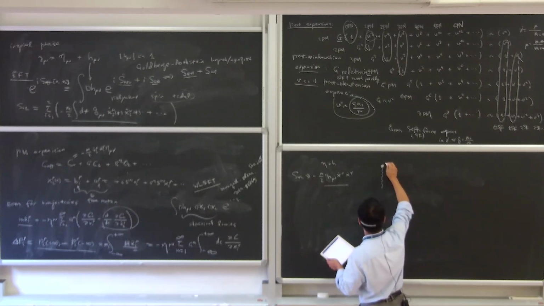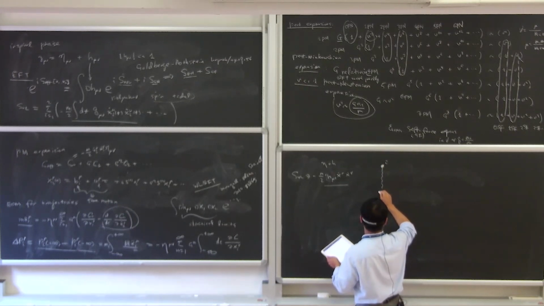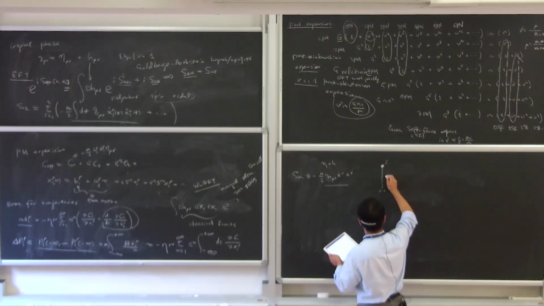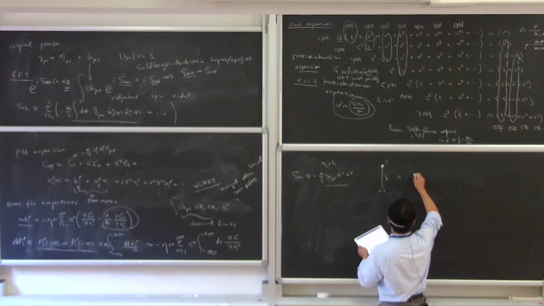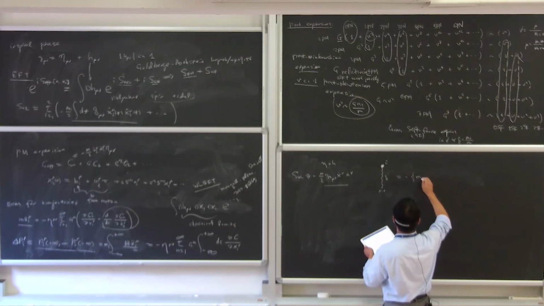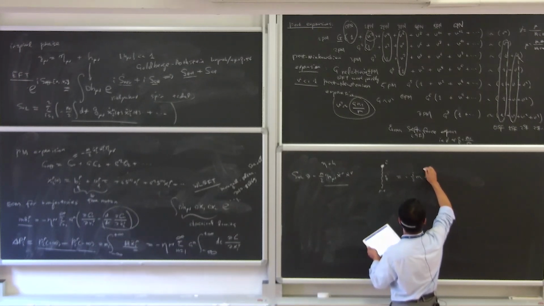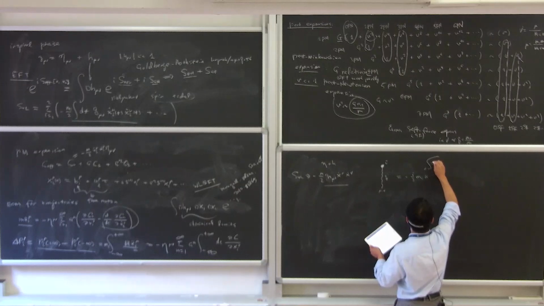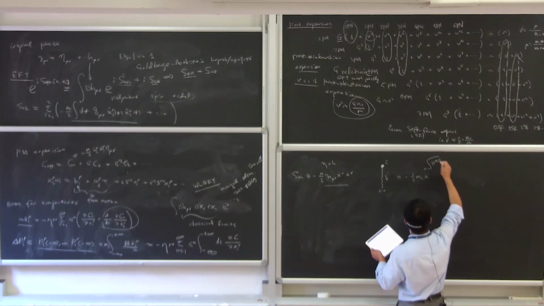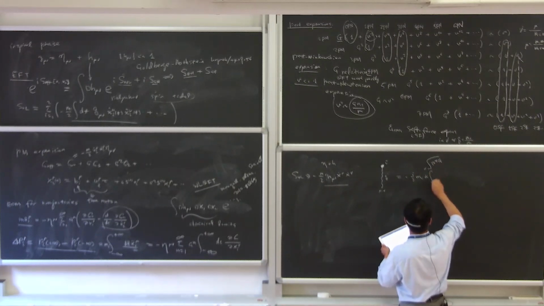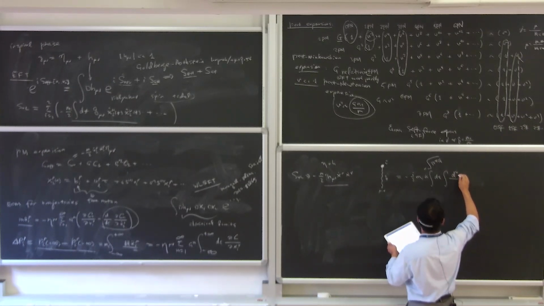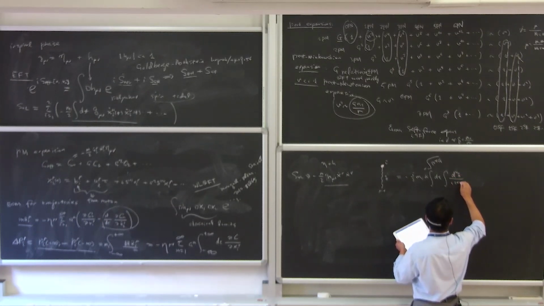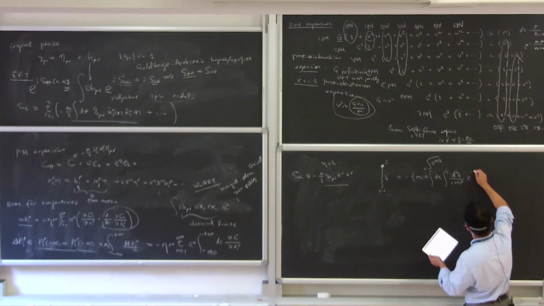For example, this is body i, this graviton has index mu, momentum is q. So this vertex is m_i kappa, where kappa is related to the Newton constant, with d tau and a Fourier transformation.